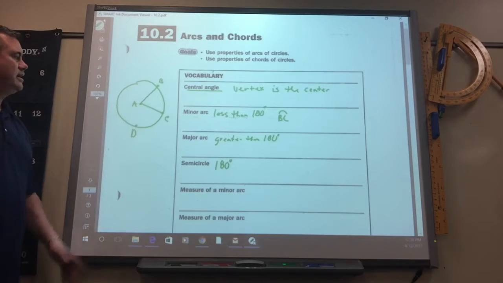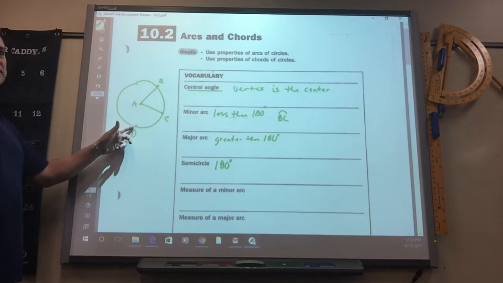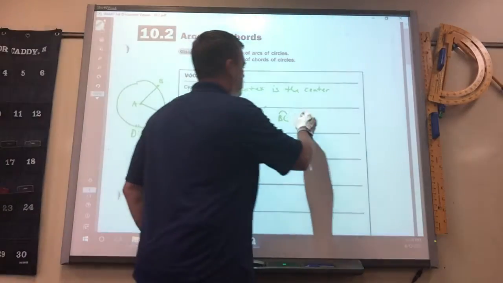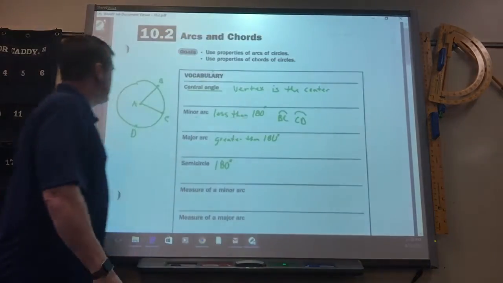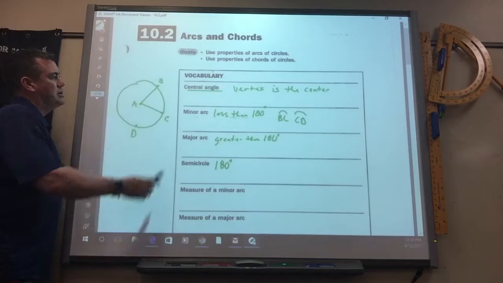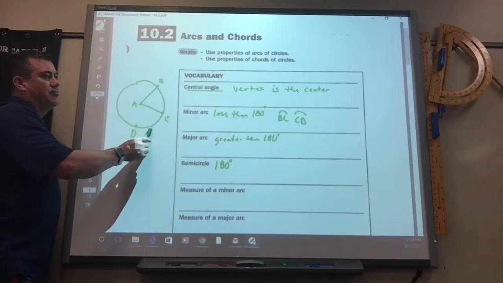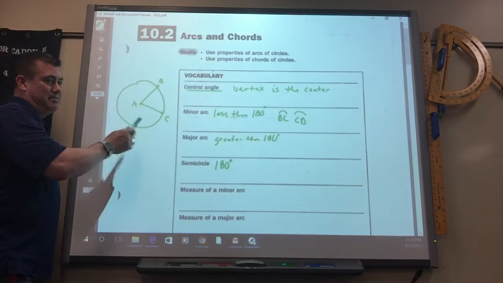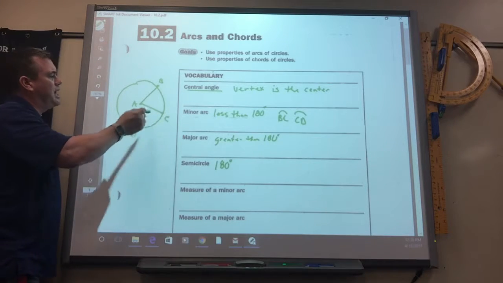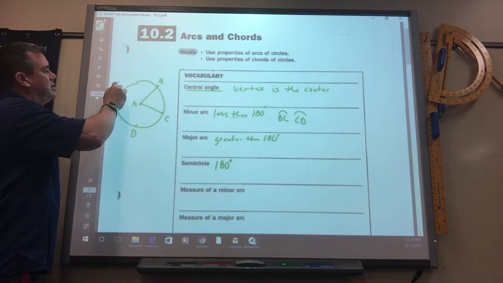C to D is minor. How about B to D? Depends on which way you go. I should have another point on here actually to make it clear.